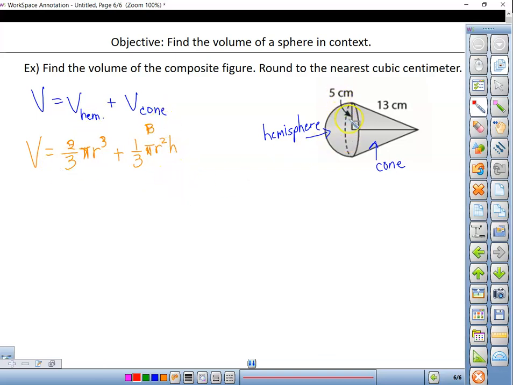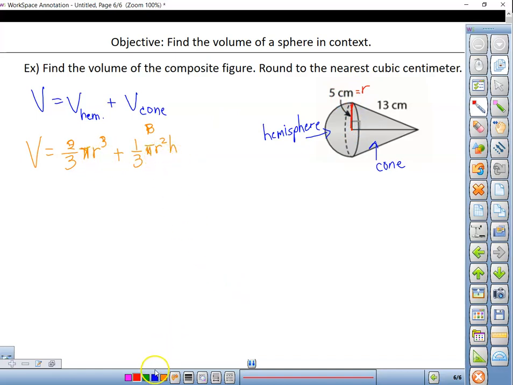Now here, this 5 centimeters, notice it's pointing at this line segment, which goes from the edge of the circle that's both at the bottom of the hemisphere and at the bottom of the cone, and it goes to the center. So that is the radius for both the hemisphere and the cone.